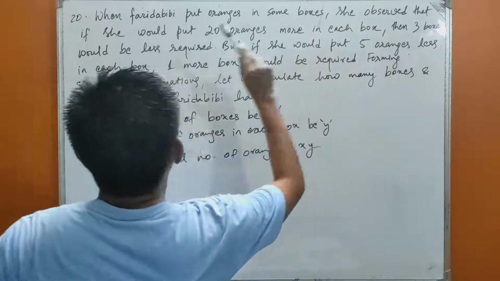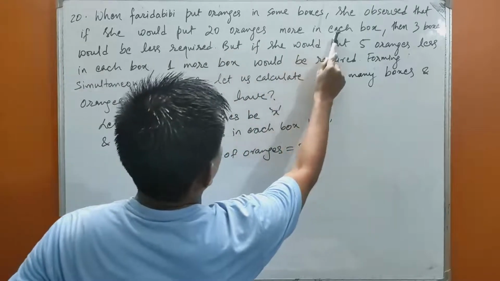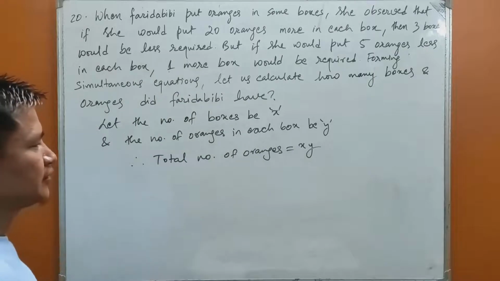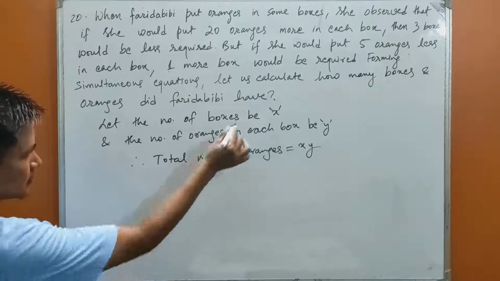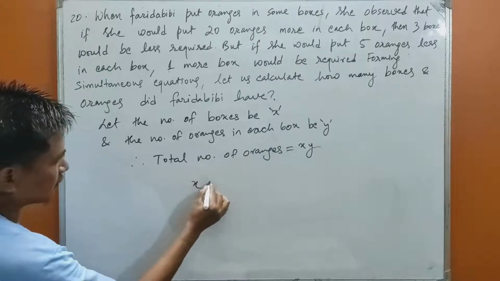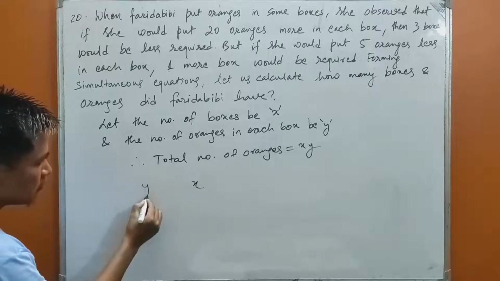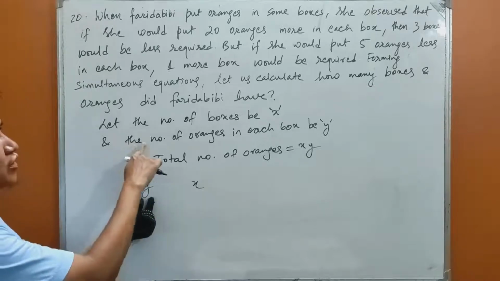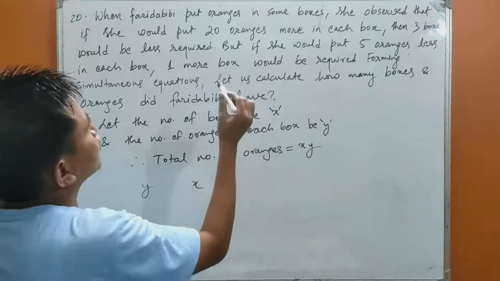Observe that if you would put 20 oranges more in each box, then 3 boxes would be less required. That means total number of boxes she had was x, and the number of oranges in each box was y. What did she do?